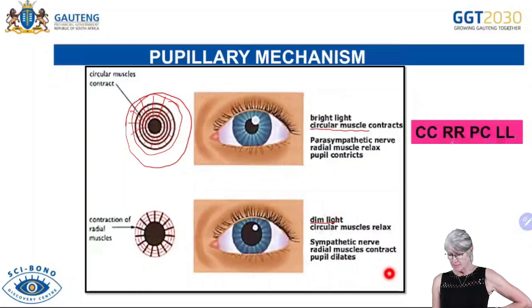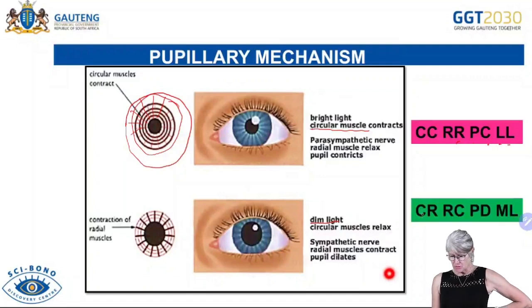Okay. All right, so again, we've got a mnemonic, and we say in bright light, we have circular muscle that contracts, radial muscle that relaxes, and the pupil then constricts, and less light enters the eye. All right, when we are in dim light, we say the circular muscle relaxes, the radial muscle contracts, the pupil dilates, and we have more light entering the eye.